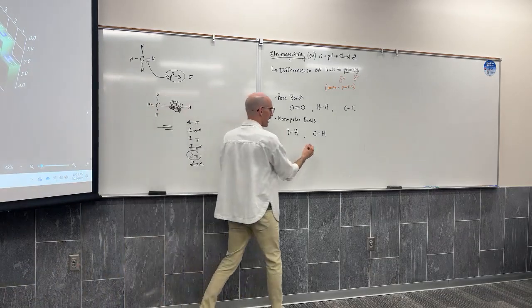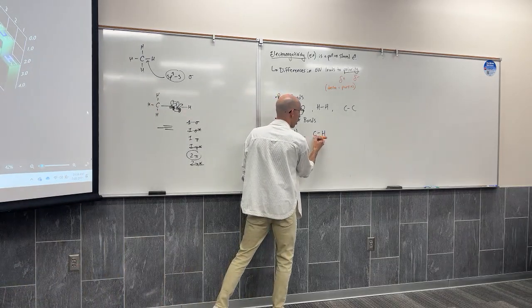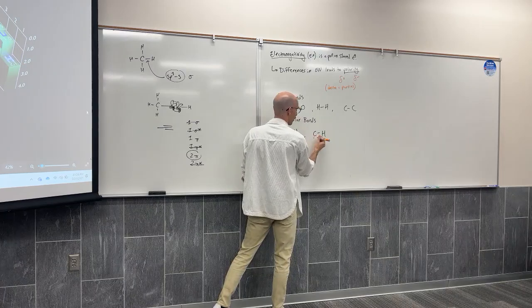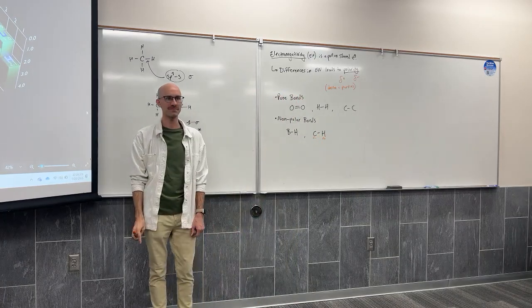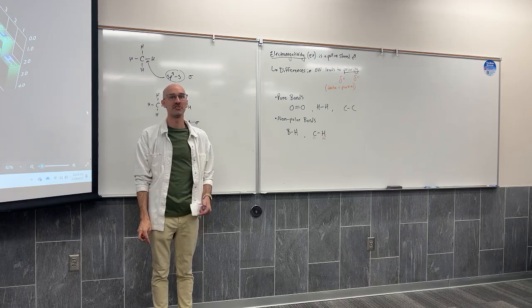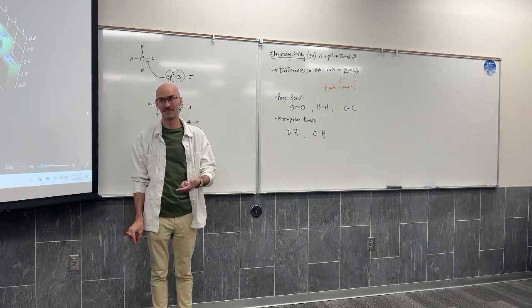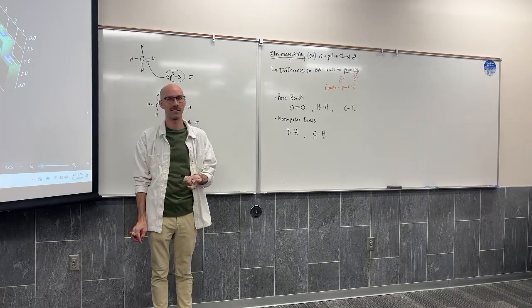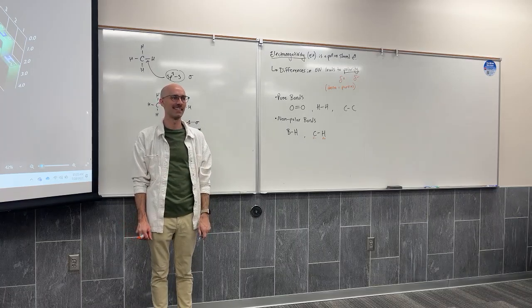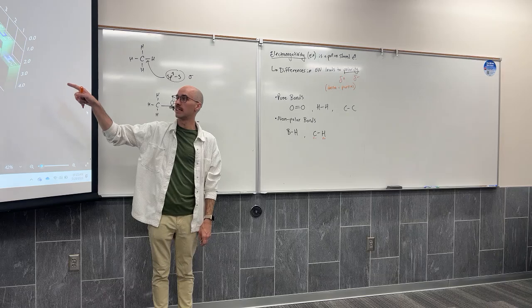So we know that there's actually a small partial negative on carbon and a small partial positive on hydrogen. So we call it nonpolar, but is it actually without poles? No, I hate it. Sorry, I'll die on that hill too.